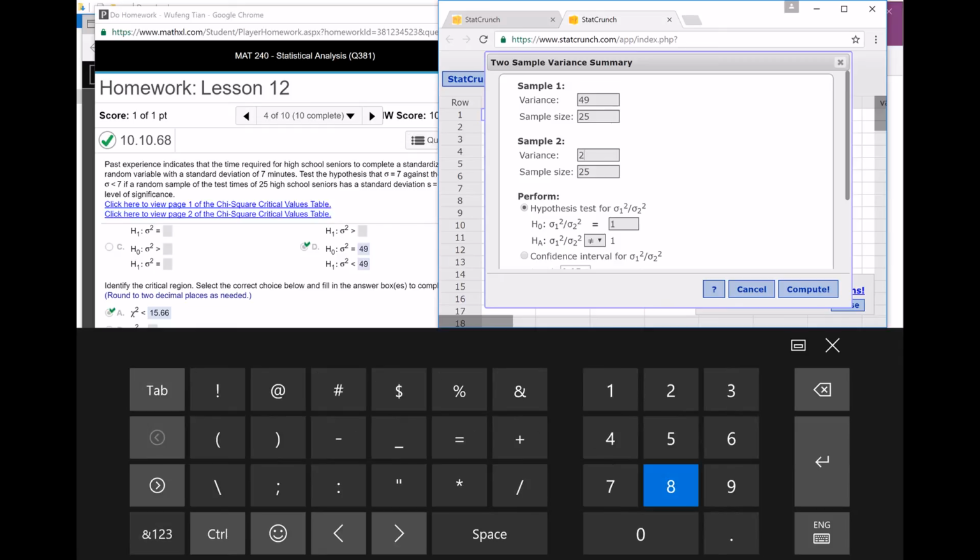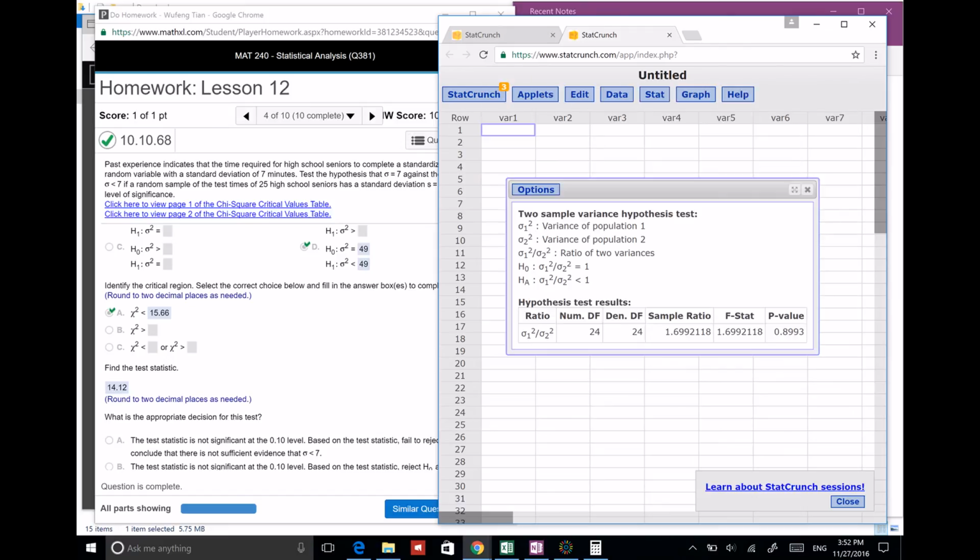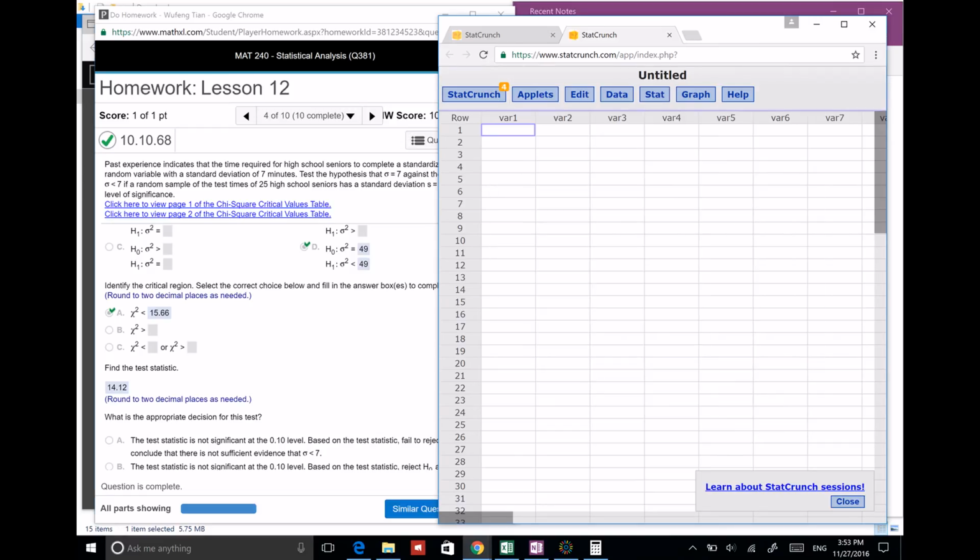Okay, 28.8369. Wait, the chi-square distribution, I think it should be... Wait, how did I do this one?